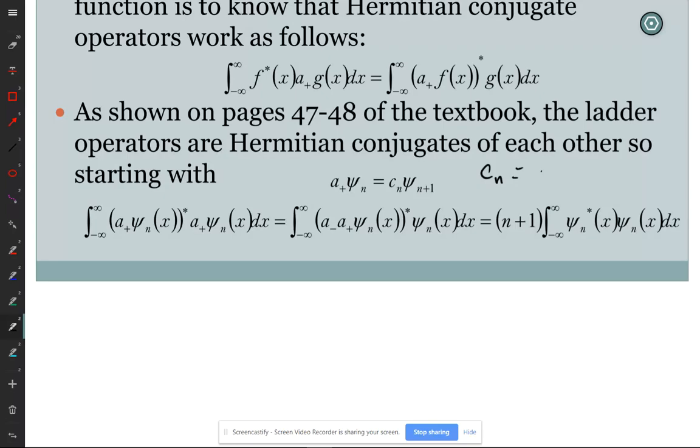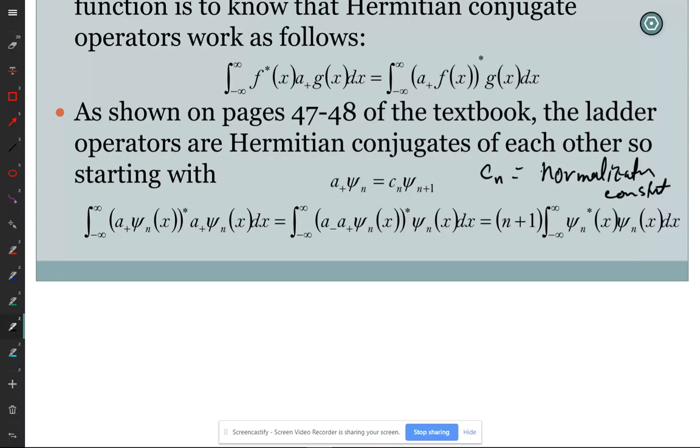Or no, C sub n is going to be our normalization when I am raising from n to n plus 1. So it's not the full normalization constant in front of the nth state, it's the normalization going from n to n plus 1.